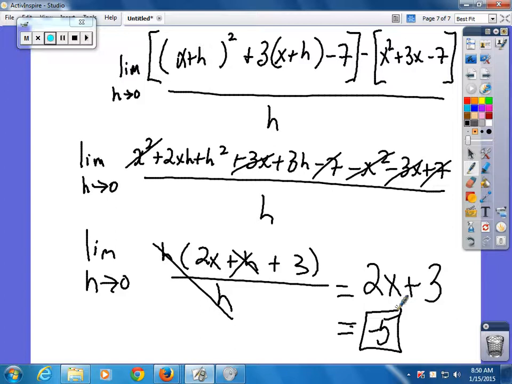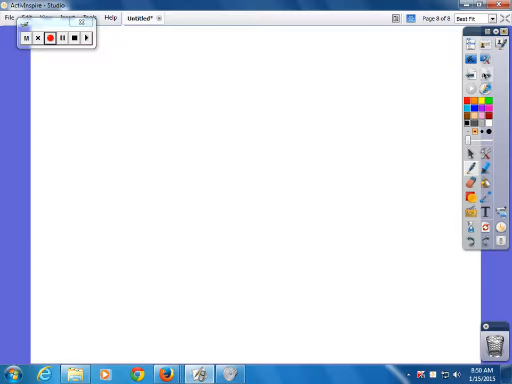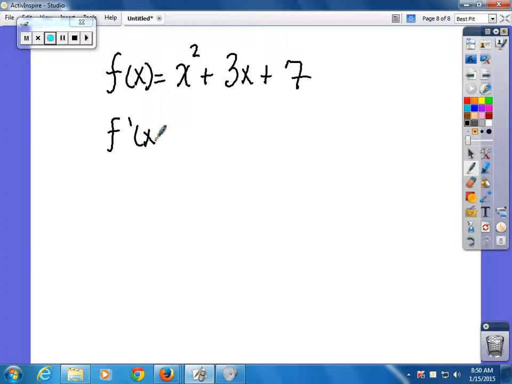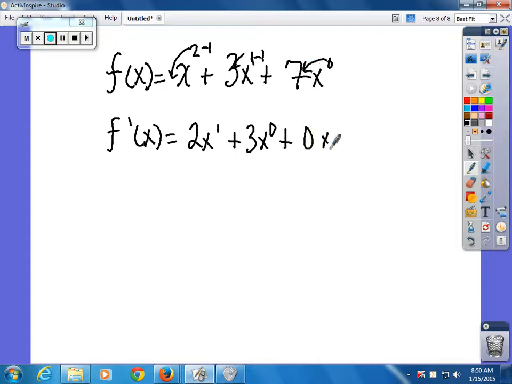Because if you use the power rule of calculus, what was x squared plus 3x minus 7? F prime of x is going to be equal to 2x to the 1 power plus 1 times 3 is 3, x to the 0 power, plus 0 times 7 is 0, x to the negative 1.